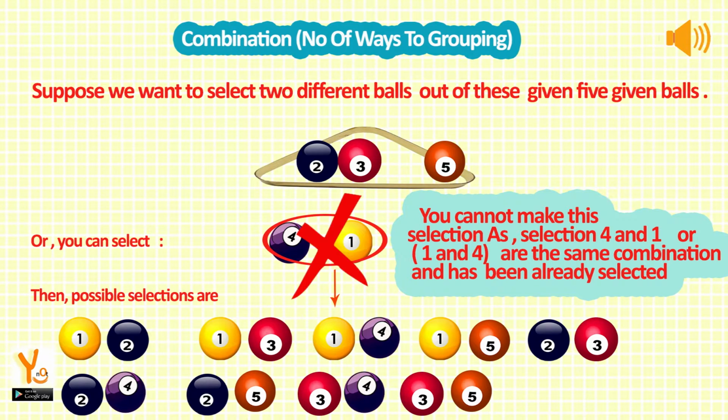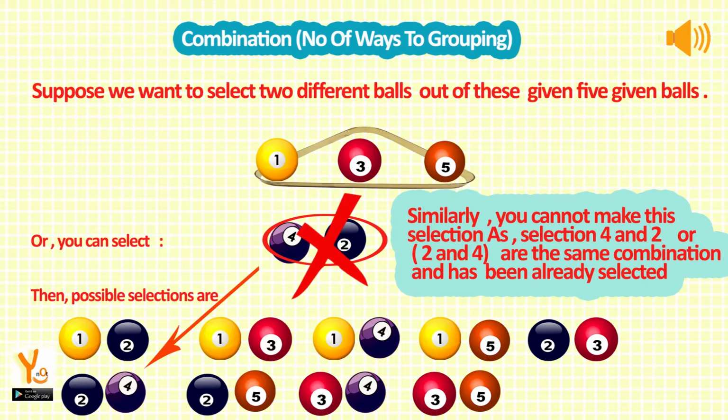Or, you can select 4 and 1. No, you cannot make this selection, as selection 4 and 1, or 1 and 4, are the same combination, and has been already selected. On selecting 4 and 2, you cannot make this selection, as selection 4 and 2, or 2 and 4, are the same combination, and has been already selected.